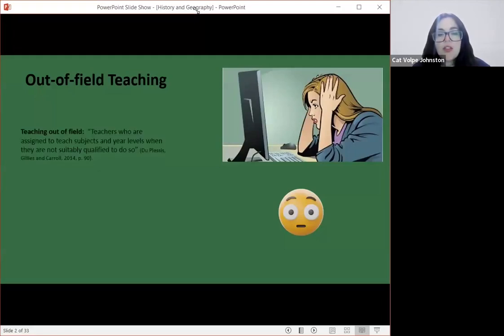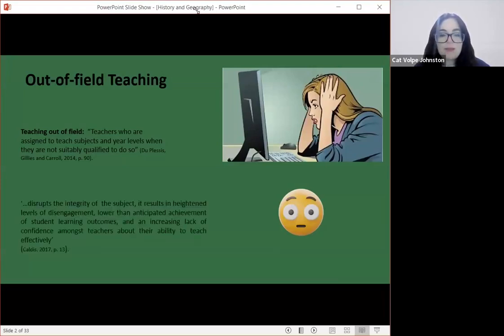This involves teachers who are assigned to teach subjects and year levels when they are not suitably qualified to do so. And what does it mean to be suitably qualified? This usually means that you have studied your subject in your undergraduate study so that you are an expert in your field. And you are prepared to teach students that subject area because you have that expertise.